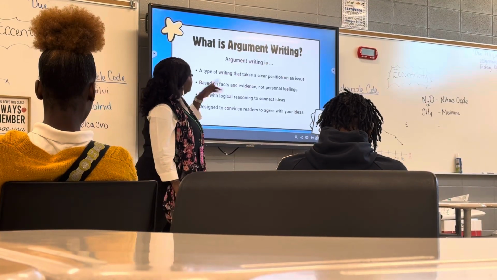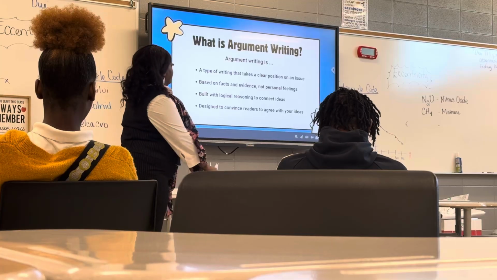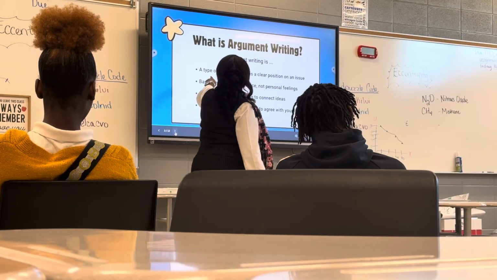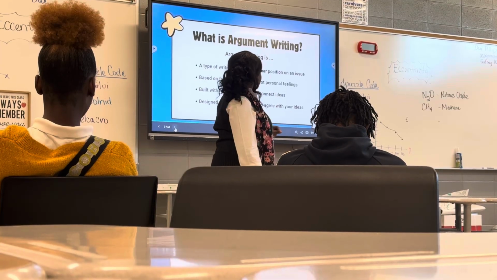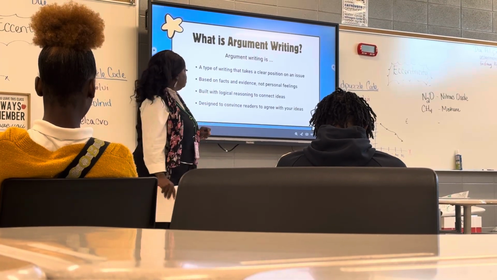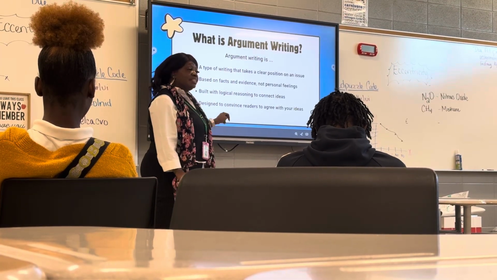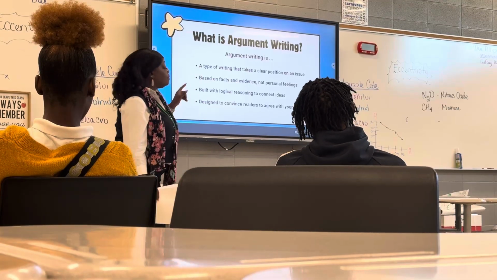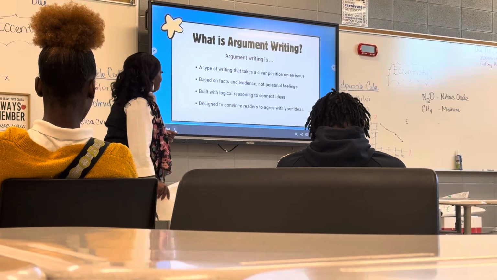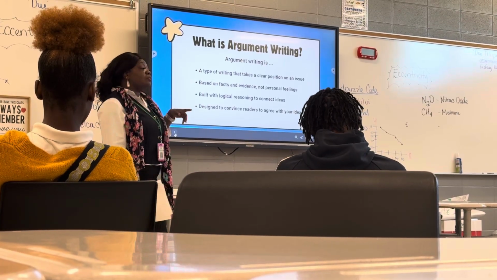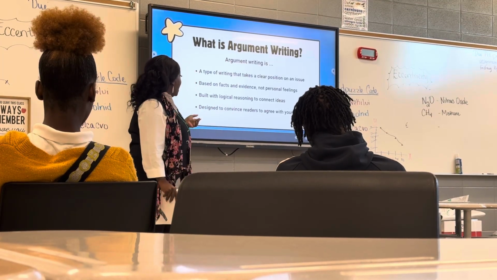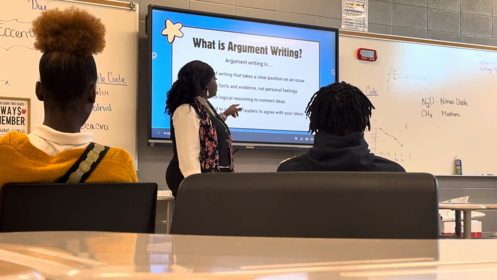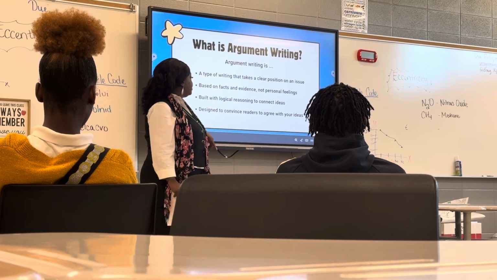So here, what is argument writing? Argument is a type of writing that takes a clear position on an issue based on facts and evidence, not personal feelings. It builds logical reasoning to connect ideas, and is designed to convince readers to agree with your ideas.